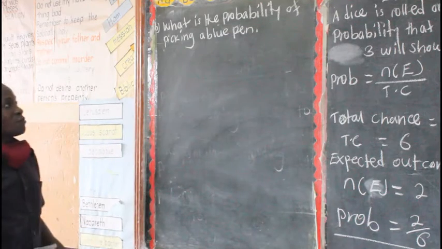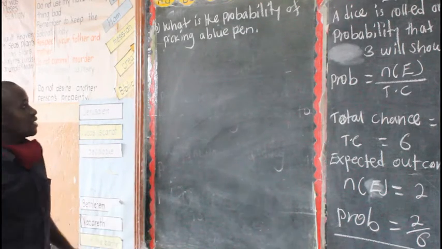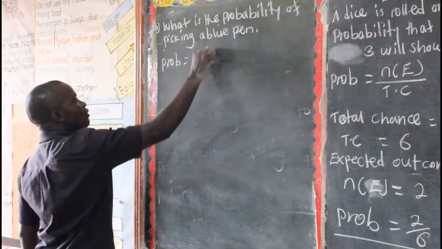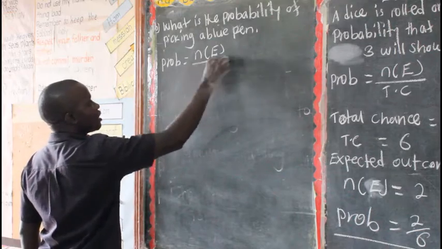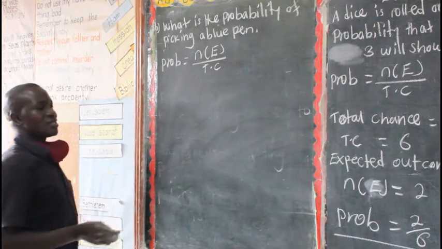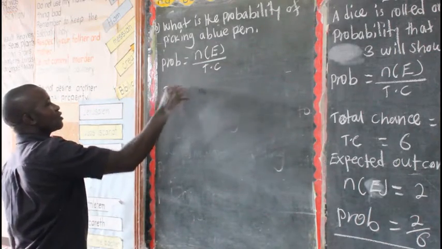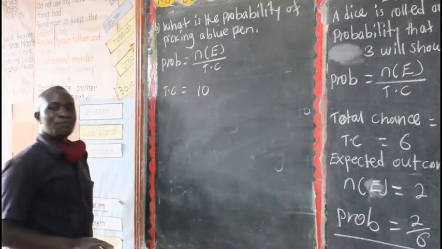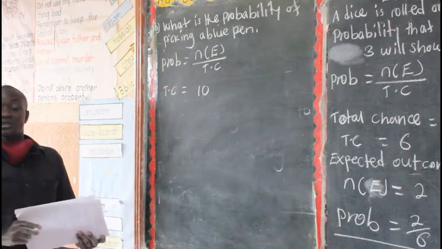Probability is equal to number of expected outcomes out of total chances. Total chances, you have already seen, it was 10. There are 10 pens in total.